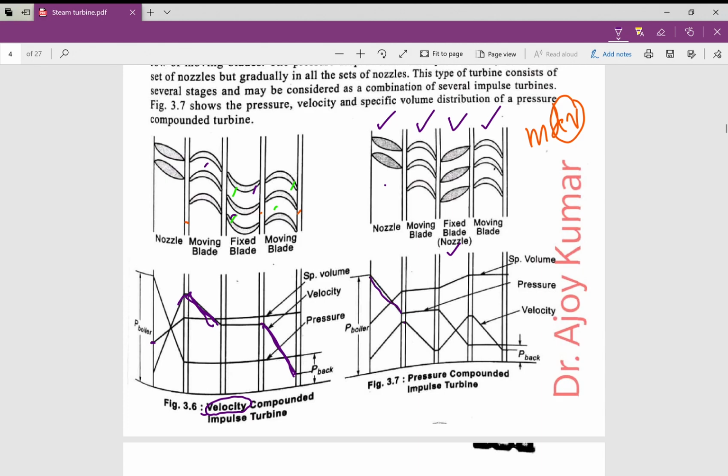Pressure decreases, then stays constant since there is a constant passage area between two consecutive blades. When it moves to the fixed blade, it acts as a nozzle, pressure decreases, and then in the moving blade, since there is a constant passage area, there is no variation in pressure, and then with this pressure it goes out.